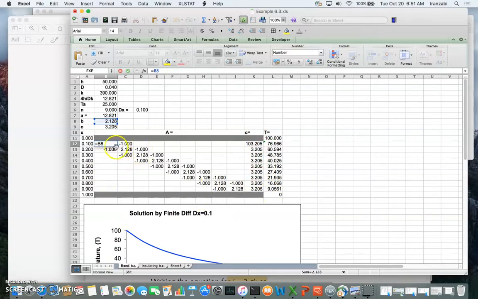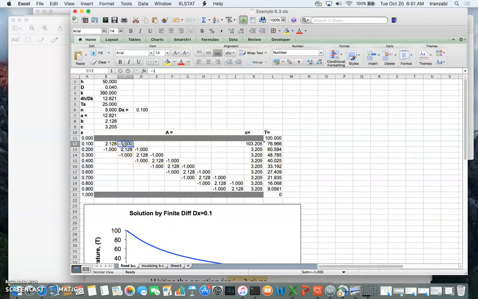So this matrix has the coefficients from T1 all the way to T9. T0 is 100 and T10 is 0, so I know those temperatures and put everything else in between. These are the coefficients corresponding to the unknowns, T1 through T9.